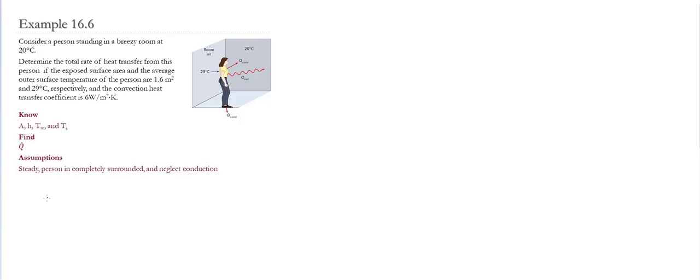So we're going to start with the definition of the heat transfer rate for convection. That is going to be equal to h, surface area, T of the surface minus T infinity.